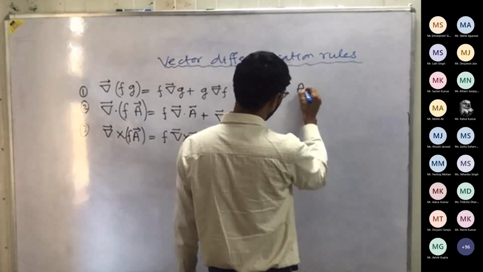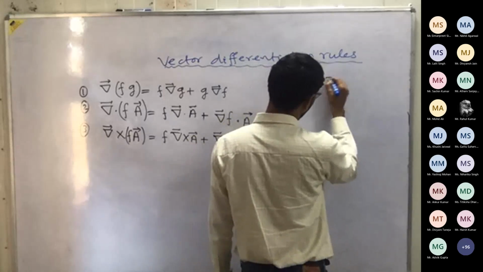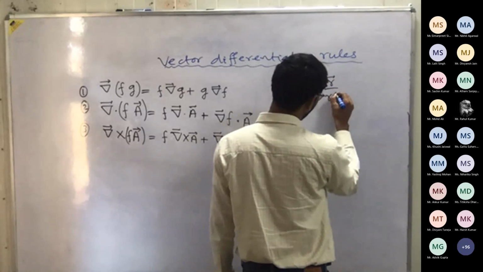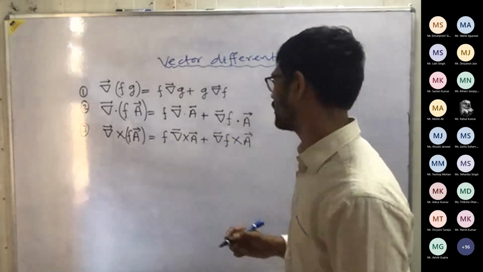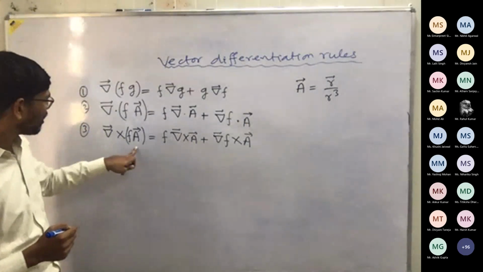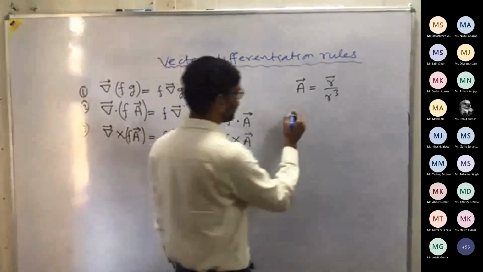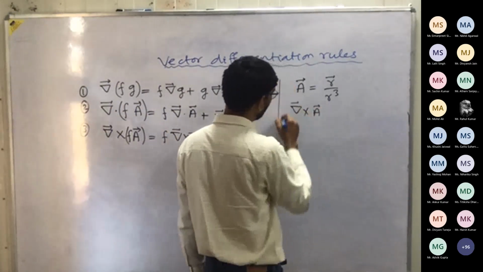Like I said, A is equal to, let's say, vector R divided by R cube. Now you need to compute the curl of this quantity. So curl A. How will you compute?